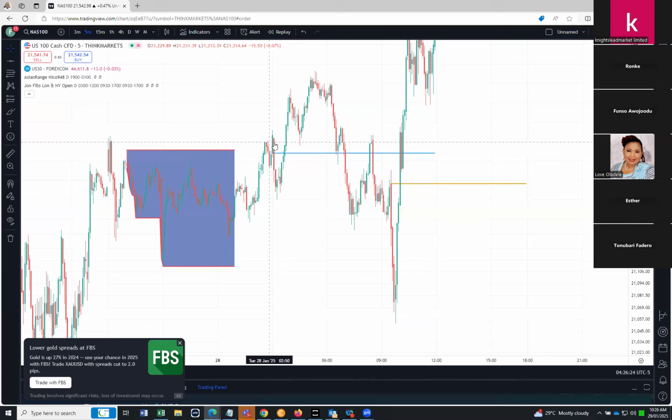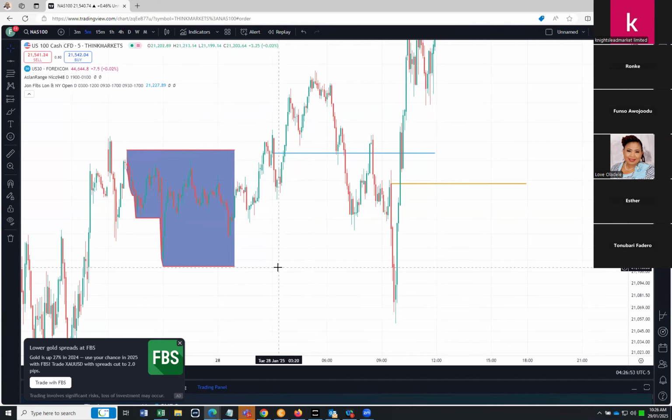If you had entered around this period, it's possible it would have stopped you out. That's why it's good to get good confirmation before you enter. Eventually you were able to enter yesterday and it went all the way up. I think it did up to 1 to 4 yesterday for this, then it came right down again.